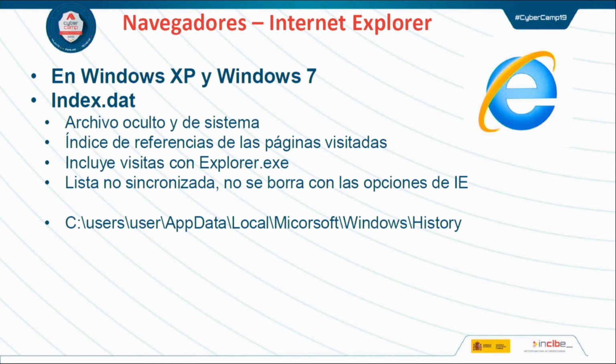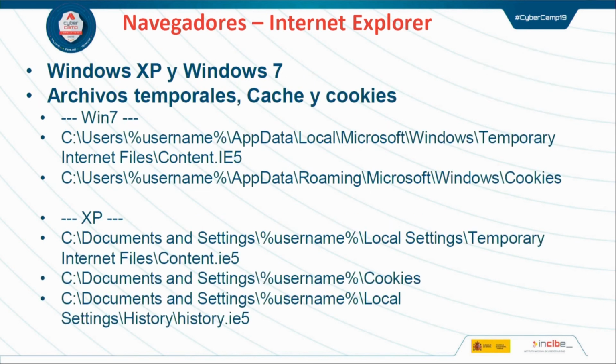In XP and Windows 7 in a file that is called index.dat. There is actually a link to another file that saves the history and which is hidden, and it's saved in the route that you can see here at the bottom. Just so that you have these routes as reference.